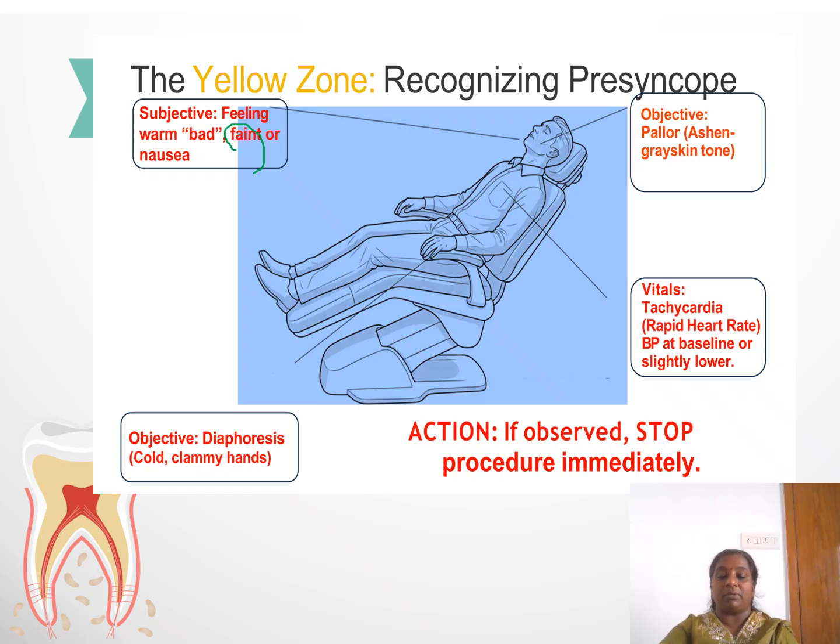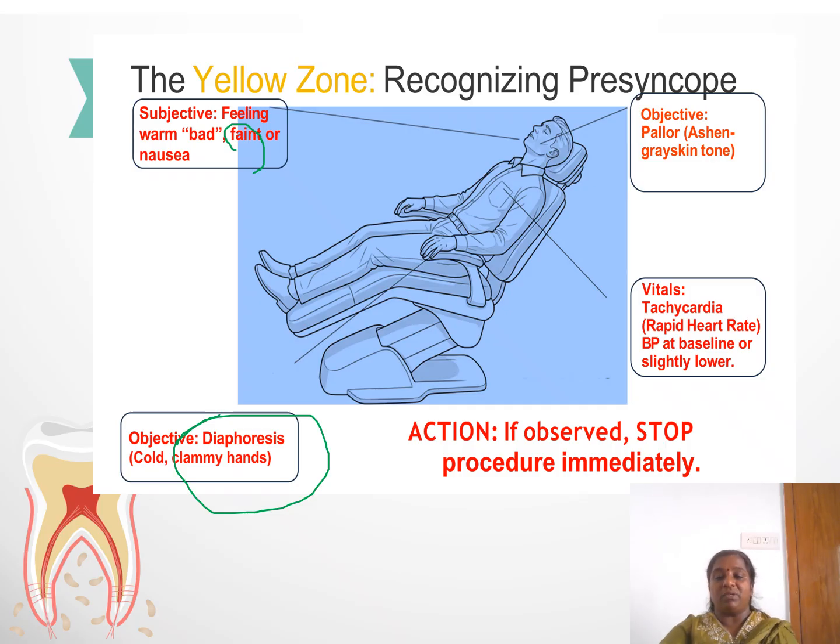The objective signs include diaphoresis: extreme sweating, even at a well-maintained temperature, because the patient is under syncope. The hands become cold and clammy, so by touching and feeling, we can recognize this also.